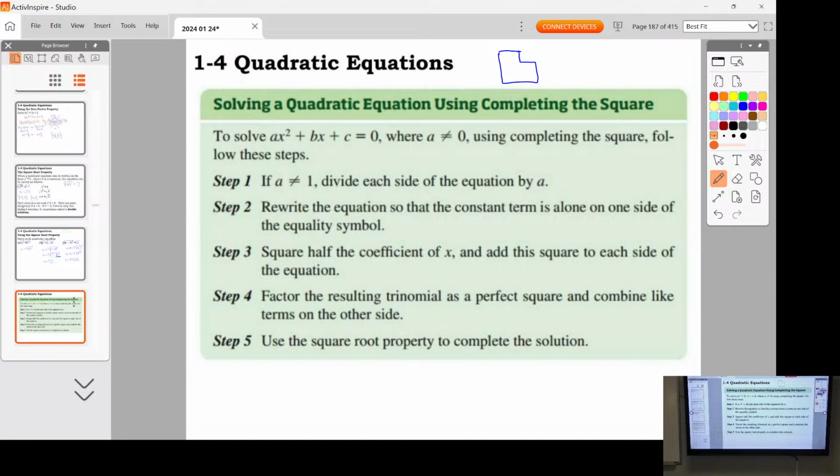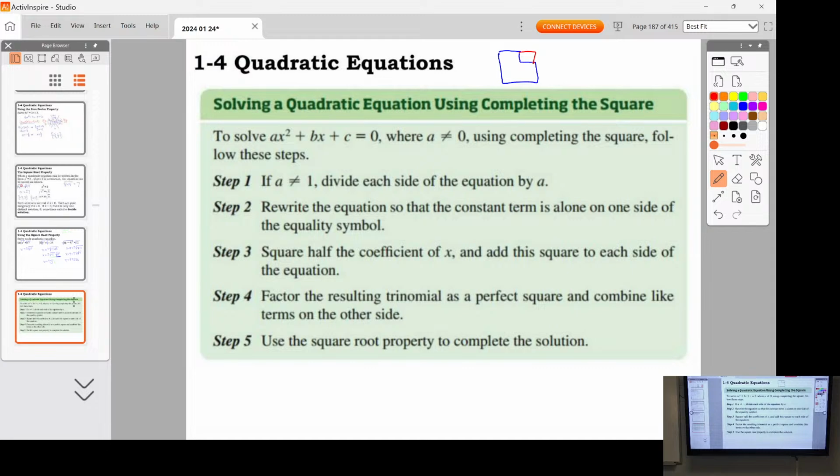Well, that is a perfect square. Is it now a perfect square? Work with me here.